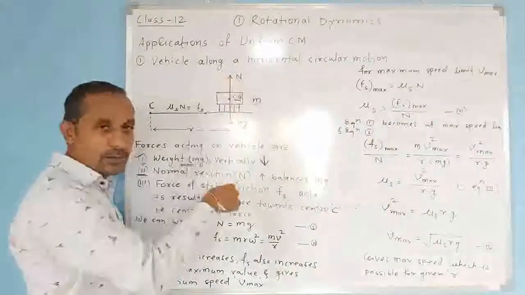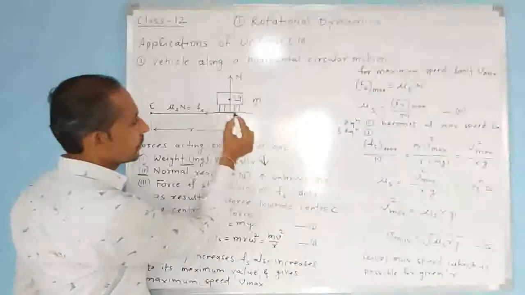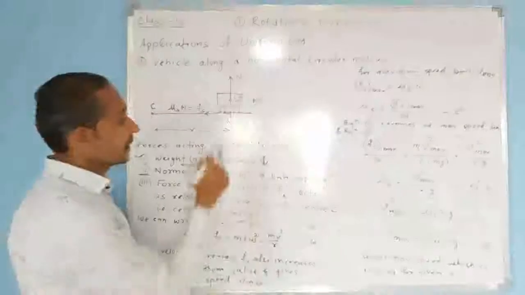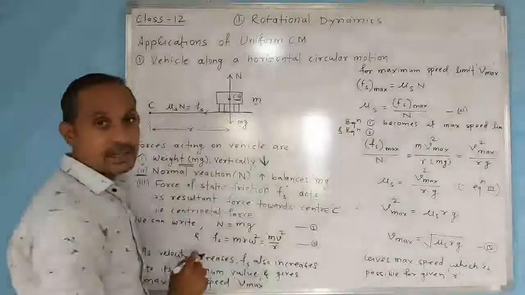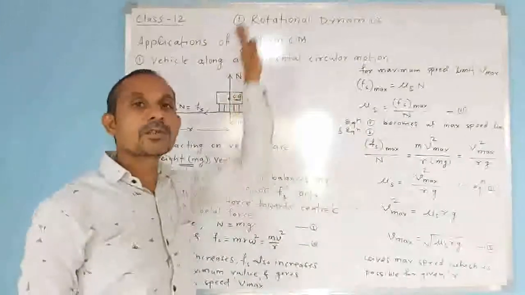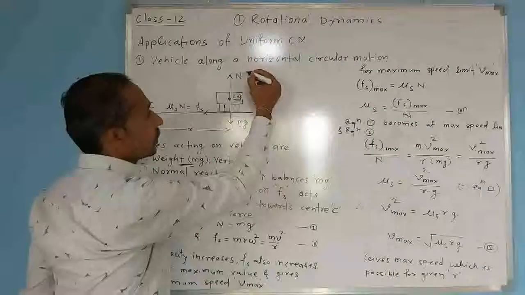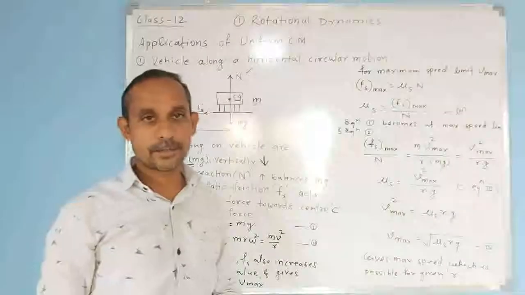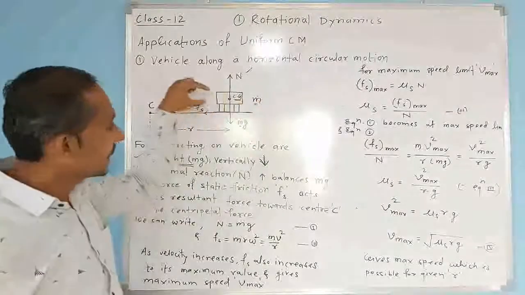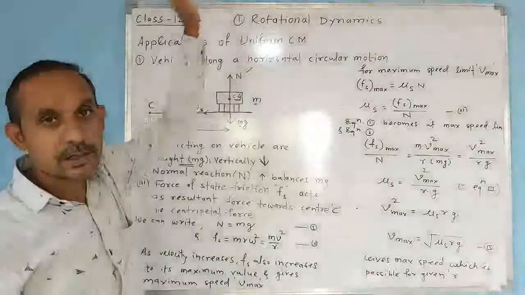Then the second force: when the weight force acts in the downward direction, the vehicle exerts force along the surface of the road. At the same time, this surface gives the opposite reaction, and that opposite reaction is called the normal reaction. So this is another force, the normal reaction force, acting on this vehicle vertically upward.